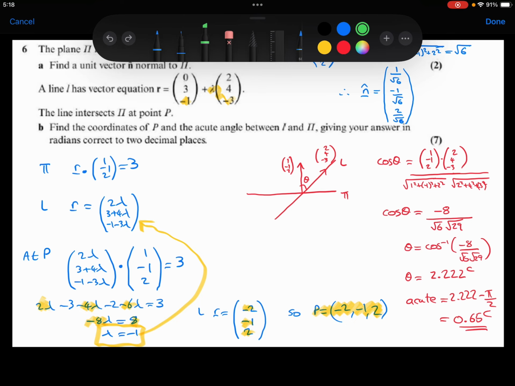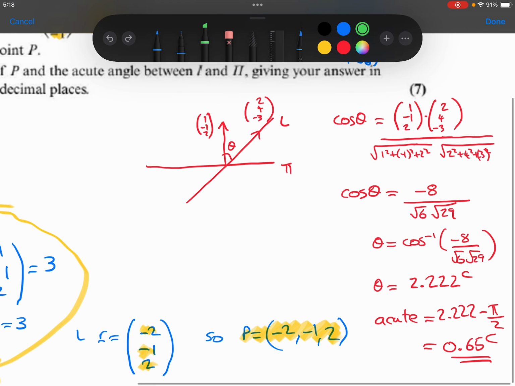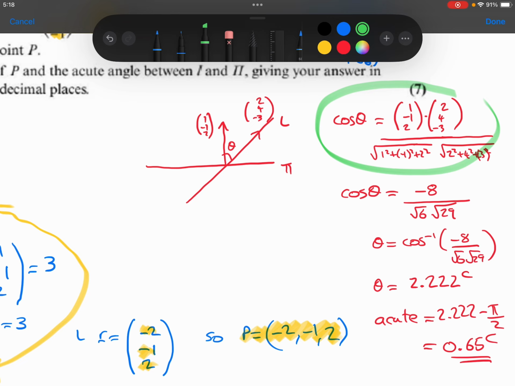So I'm going to use the dot product to work out the angle between these two vectors. So that's what I've done here. I've got the dot product of the two vectors, and I'm going to divide that by the magnitude of the first vector and the magnitude of the second vector.